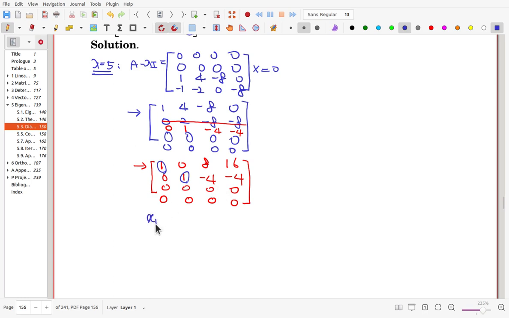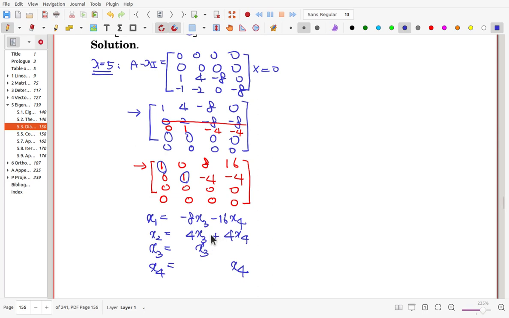And from here, x1 equals minus 8 x3 minus 16 x4, and x2 equals 4 x3 plus 4 x4. And x3 is a free variable, so x3 is x3. x4 is another free variable, so it is x4.